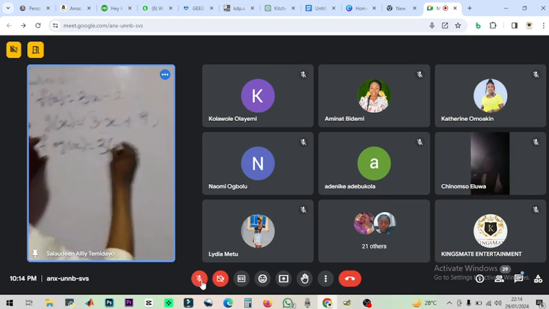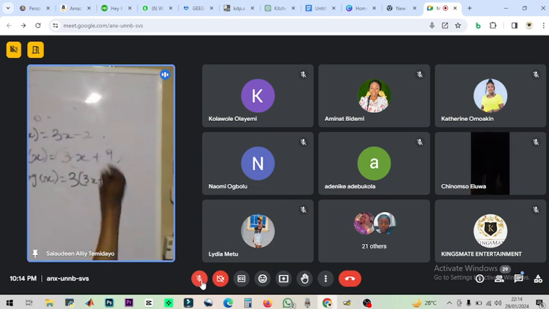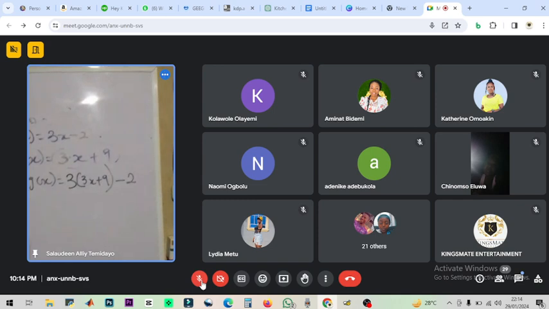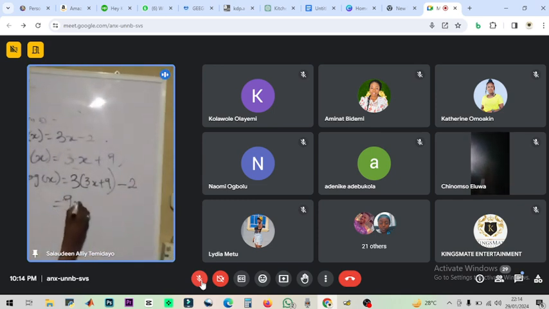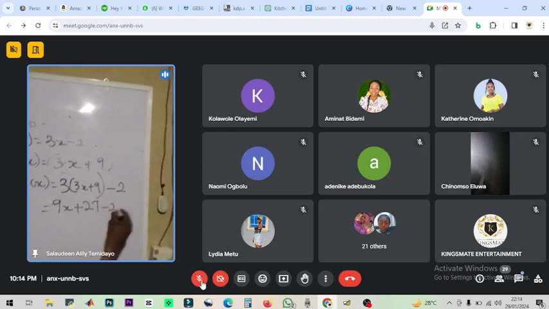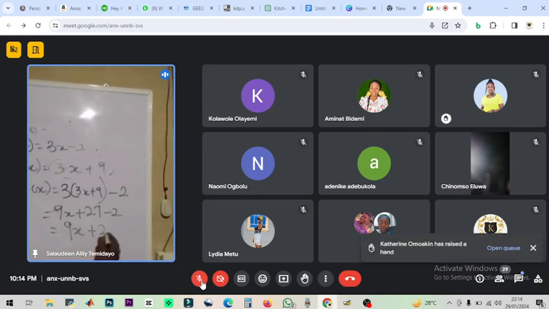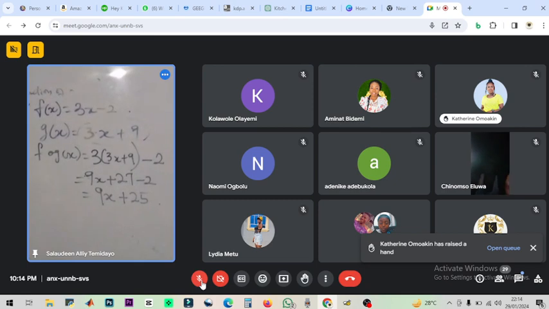That's 3, open bracket, 3x plus 9. Continue, minus 2, that is outside. So I have 3 times 3x, that is 9x, plus 27 minus 2. This is 9x plus 25. So I've found f of g of x.